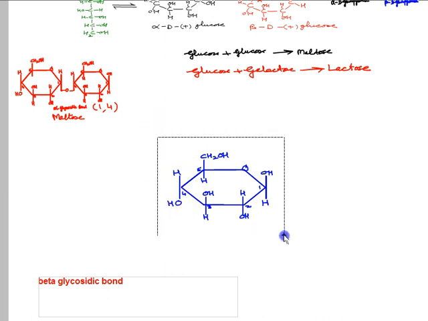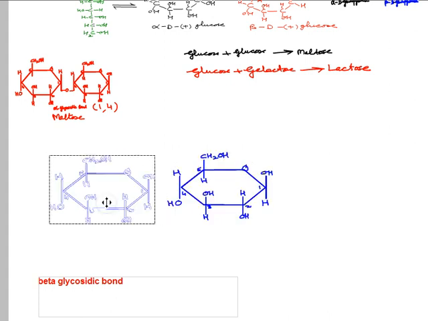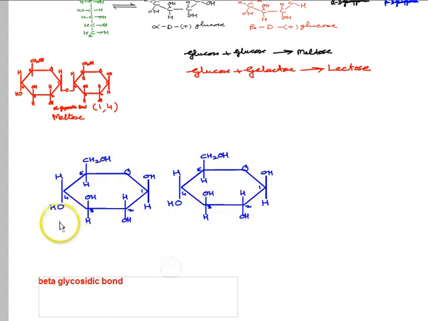If we want to make a molecule of galactose out of this, how can we do it? Not very difficult. Just this OH is shifted. So this OH goes here and it comes here. So this becomes a molecule of galactose. That's the third and fourth carbons. They have got OH on the left side, if you remember the chain structure.